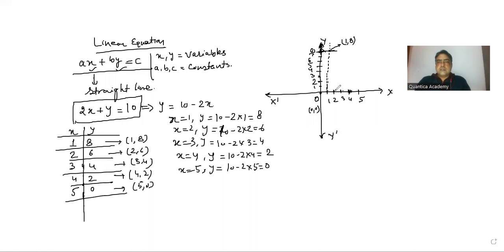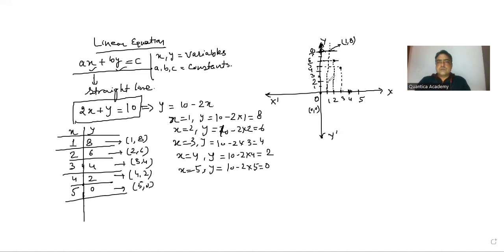Similarly, for x equals 2, we have y equals 6, so draw a horizontal line from y equals 6 and a vertical line from 2. We get a point here. Likewise for 3, 4: from 4 a horizontal line, from 3 a vertical line, somewhere here.